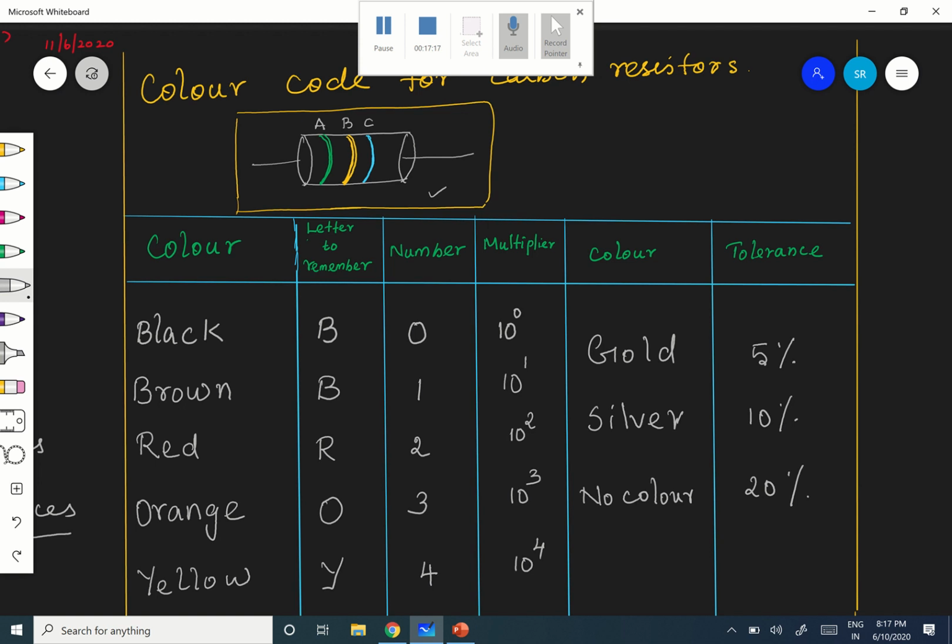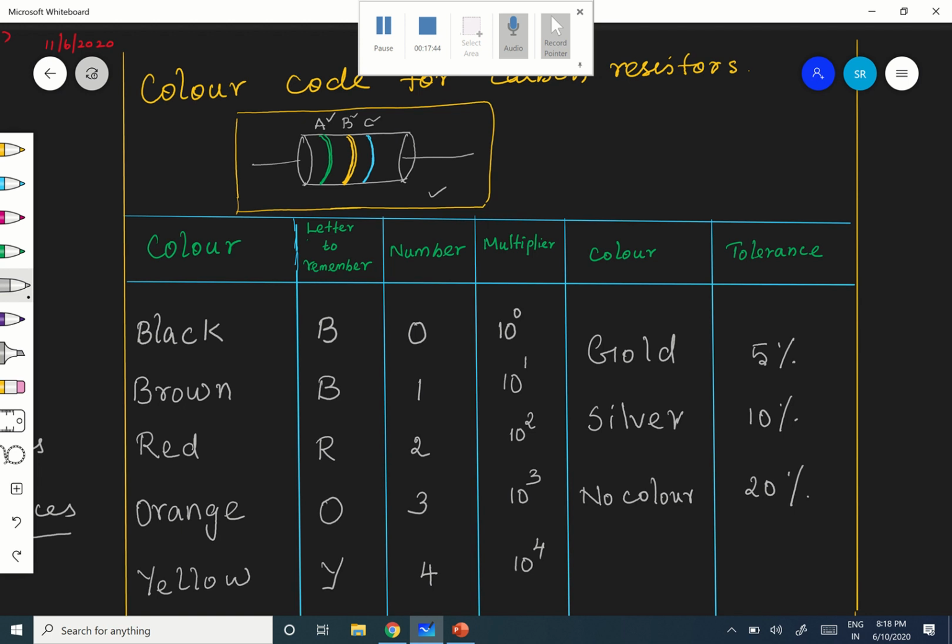And B is the second significant figure of the resistance in ohms, right? And what is C? C is the color of the third strip. It indicates a multiplier.